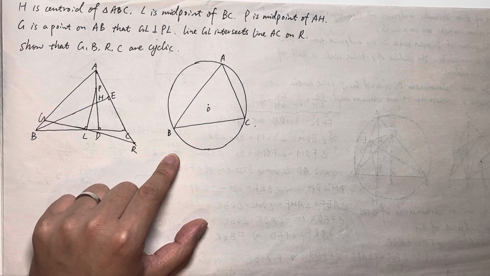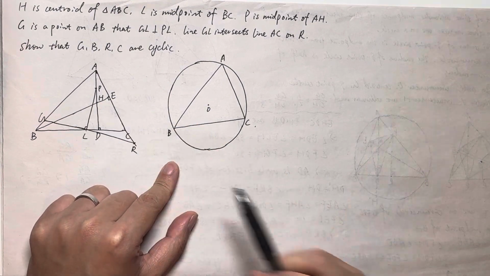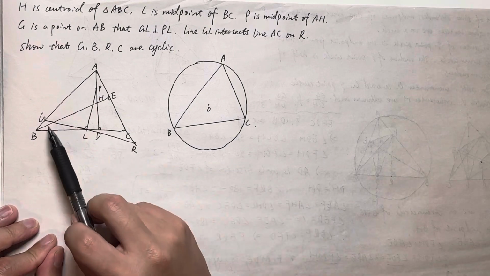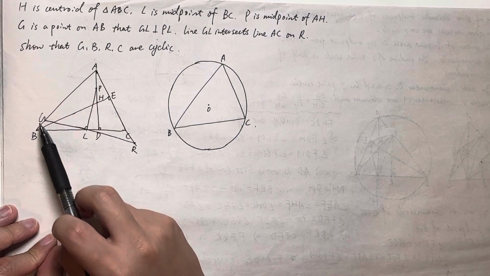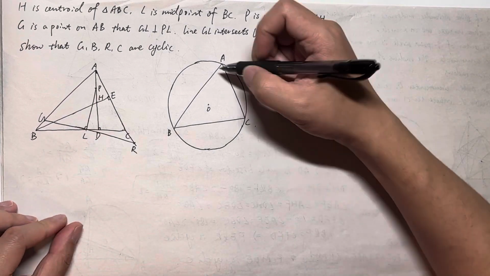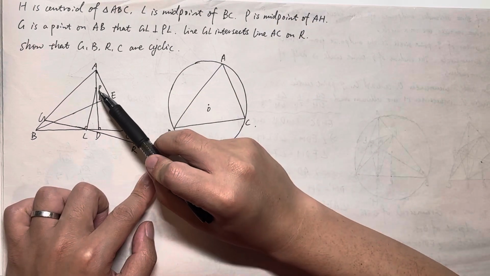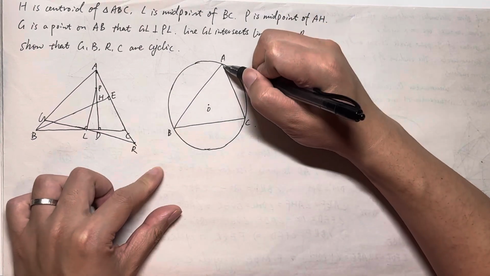Remember that we want to find the relationship between P and L first, and then we can learn more about this figure, how we prove G, B, R, C are cyclic. So to find P, we need to find H first.